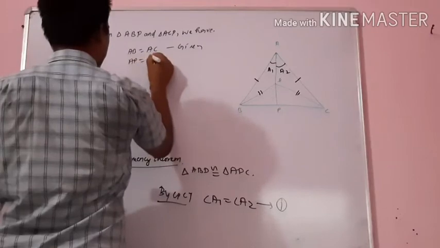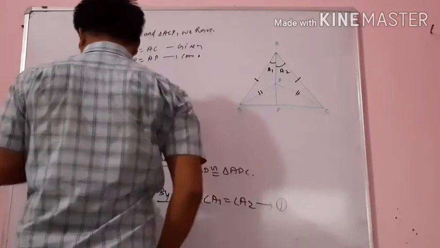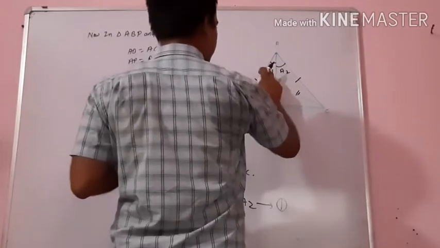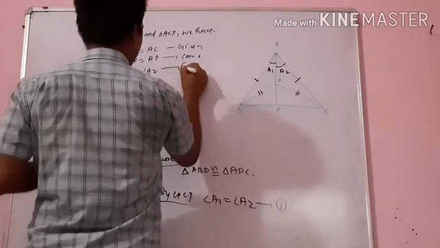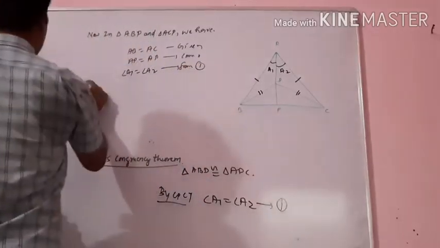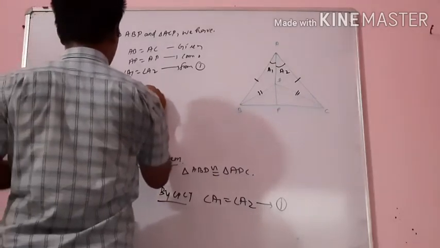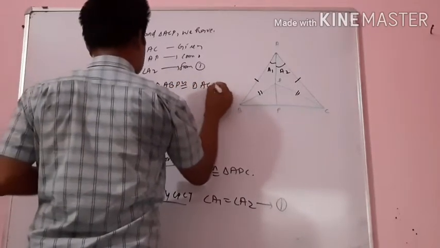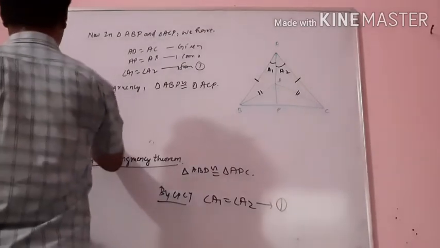AP equals AP, common. Now angle BAP, that is A1, equals A2. Angle A1 equals A2 from 1. So by SAS congruency theorem, triangle ABP is congruent to triangle ACP. That we have proved.